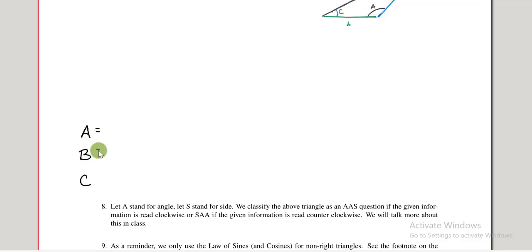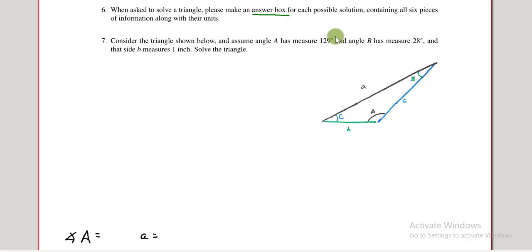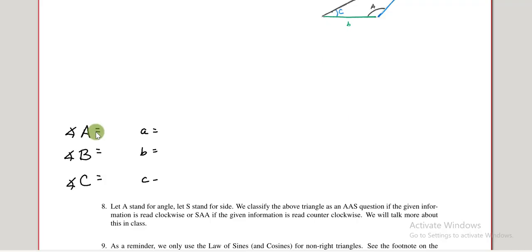Folks, I'm a little bit lazy here. I might just write A, B, and C. What I really mean is the measure of angle A, the measure of angle B, the measure of angle C. And we also want to find side lengths a, b, and c. But some of this information was given in the problem. I told you that the measure of angle A here was 129 degrees.